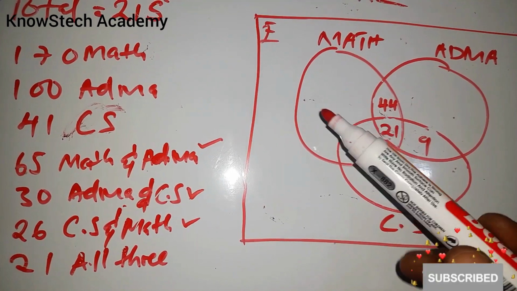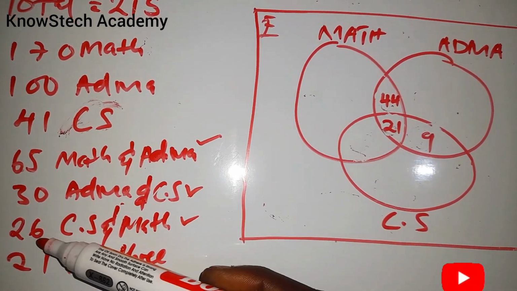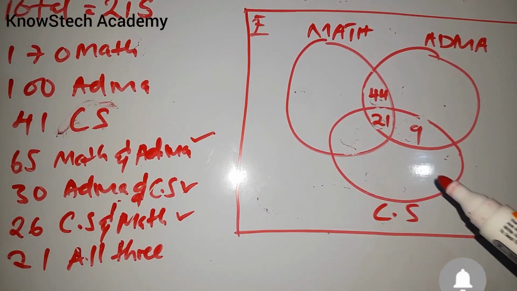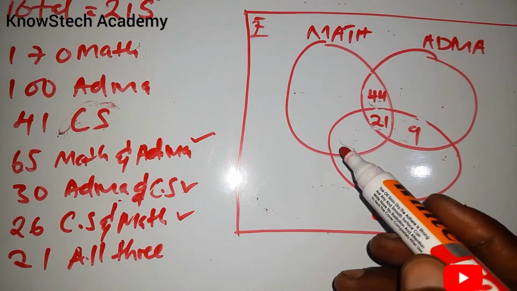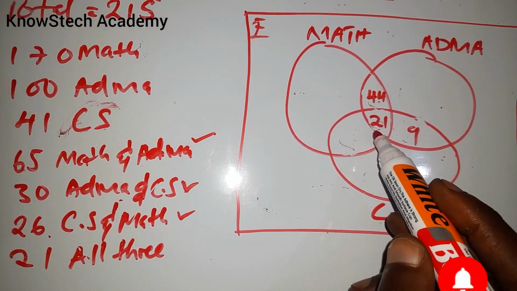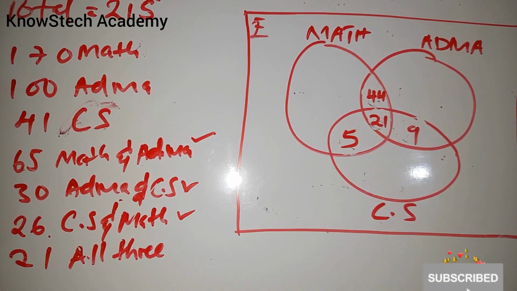So those who taught mathematics and computer science were 26. So you subtract 26 minus 21, which is just 5.